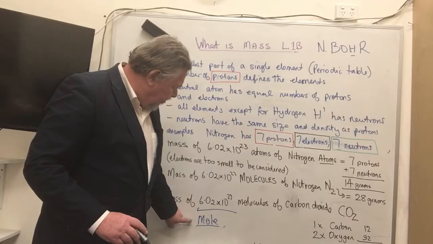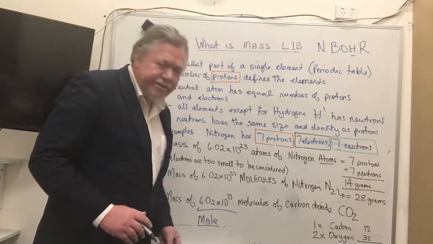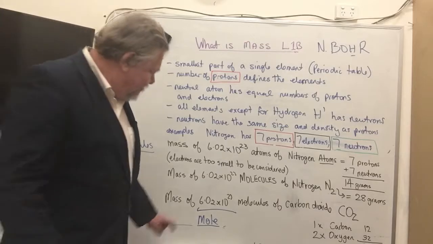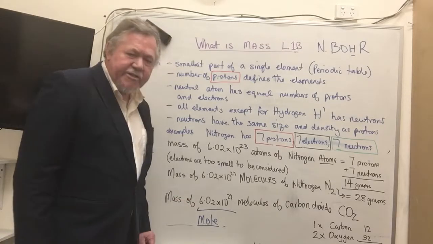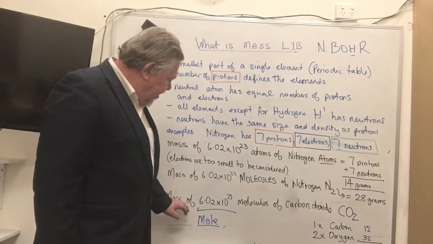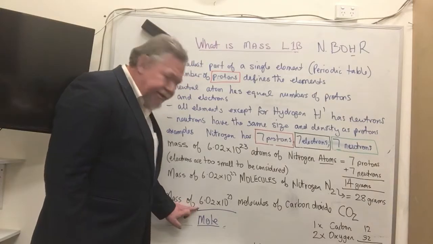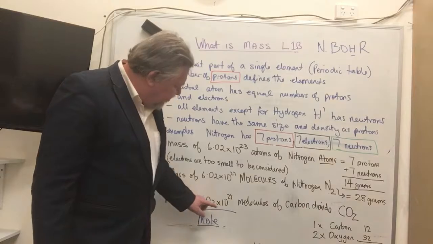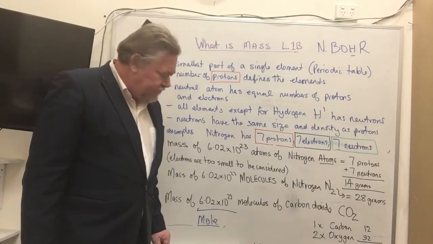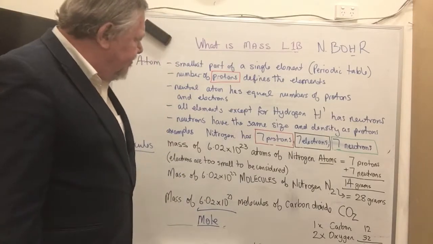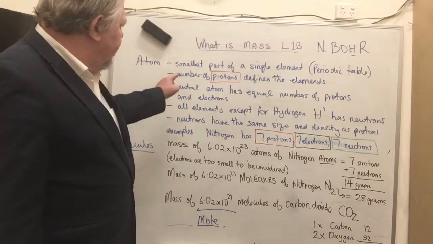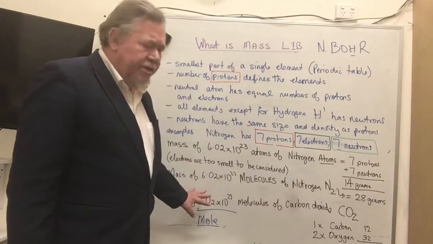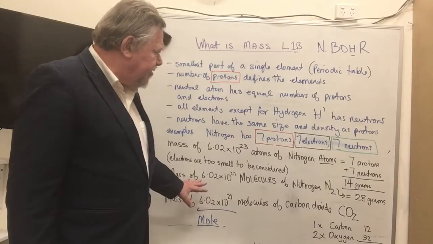So how many cars do you get in a mole of cars? 6.02 × 10^23. How many pens do you get in a mole of pens? 6.02 × 10^23. How many atoms of hydrogen are in a mole of hydrogen? Okay, 6.02 × 10^23.